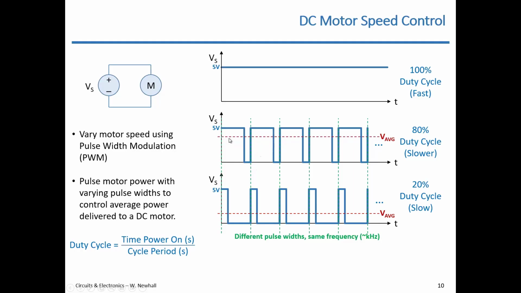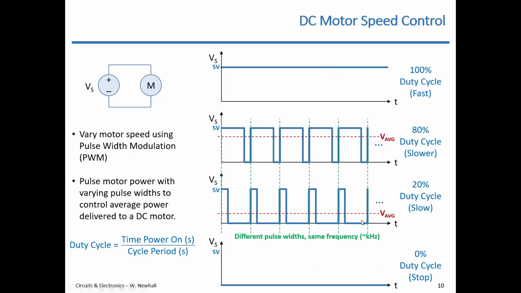The inertia of the shaft and the load is going to essentially low-pass filter and cause the motor to run at a constant speed, but lower than, let's say, 100% duty cycle. If you want to stop the motor, apply 0% duty cycle, 0 volts, and the motor stops. So that's a way you can control speed of a DC motor.